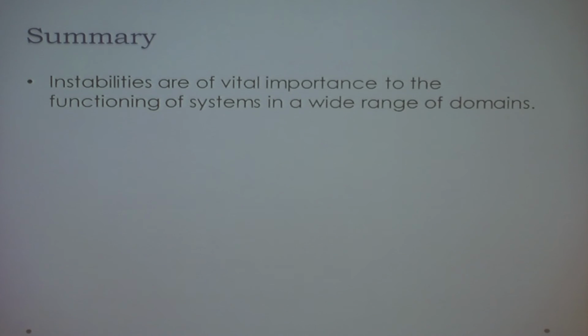So let me now try to make a summary of this. First, there is, let's call it, the ontological aspect of instability and symmetry breaking, namely that instabilities are of vital importance to the functioning of systems in a wide range of domains, whether we are talking about economics or medicine or physics. These instabilities occur and they are important.